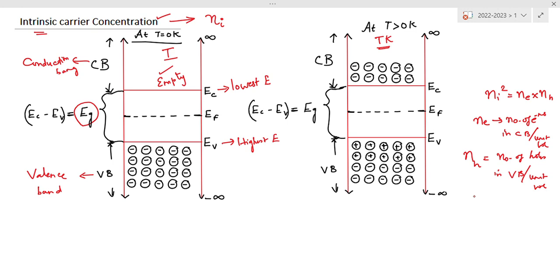Now we are going for the explanation for carrier concentration of an intrinsic semiconductor. It can be defined as the number of charge carriers, electrons and holes, electrons in the conduction band, holes in the valence band per unit volume. The number of charge carriers per unit volume of the intrinsic semiconductor.